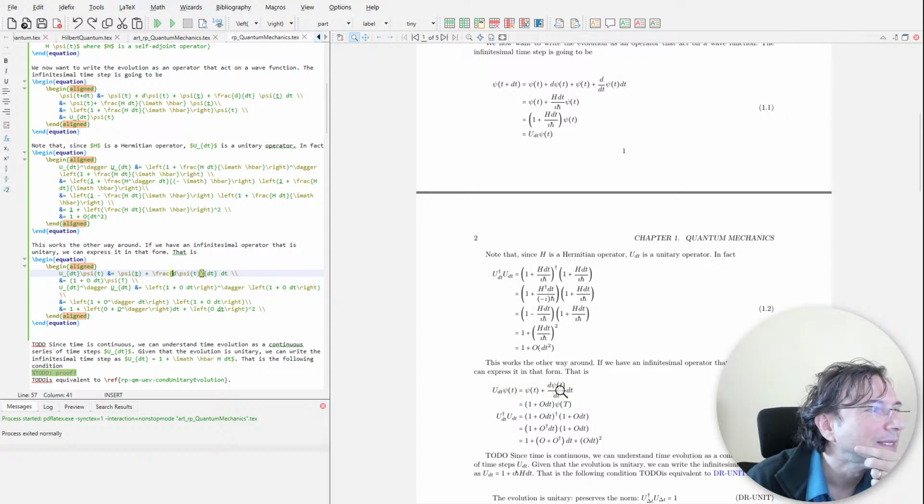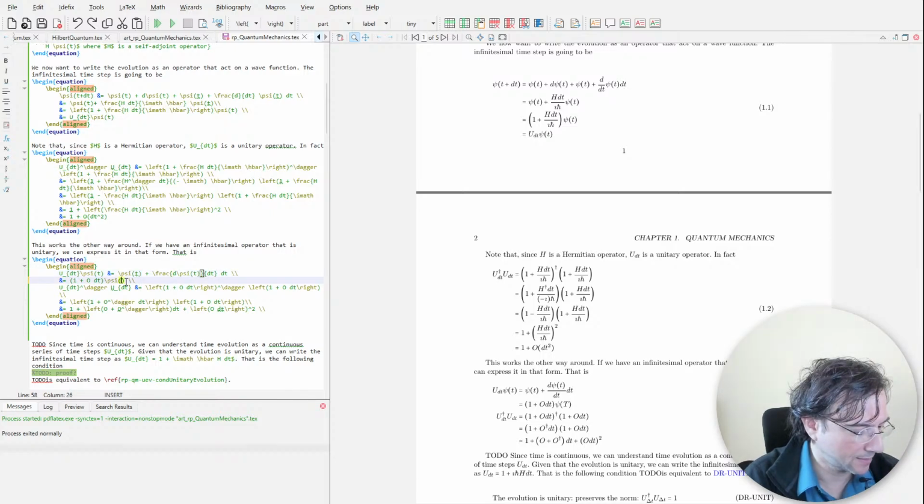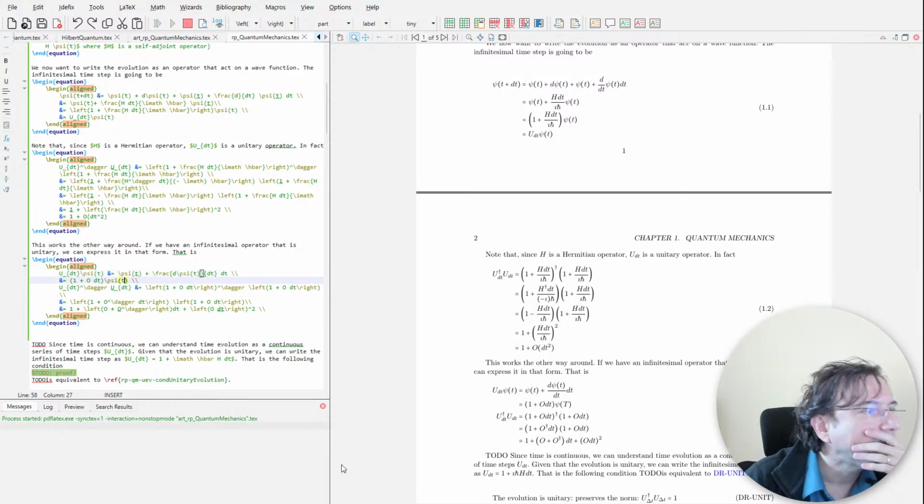Okay, so yes, I have infinitesimal, and so now I can write this thing as 1 plus O, and this t should be lowercase. And then, okay, so I know that this thing is expressible like this. So now I do the computation. This becomes there. And so I have 1 times 1, 1 times O dt, O dagger dt times 1.